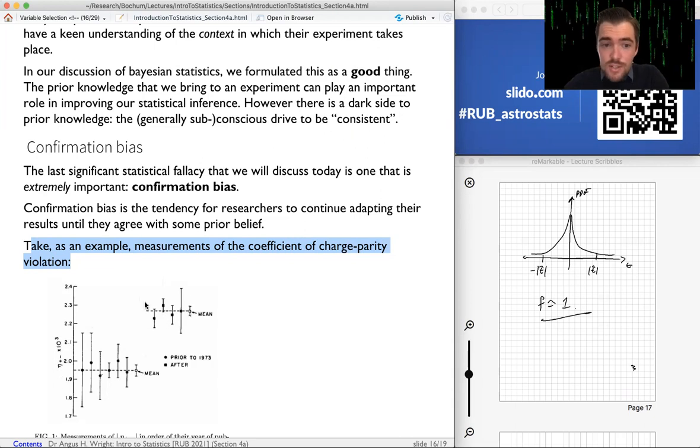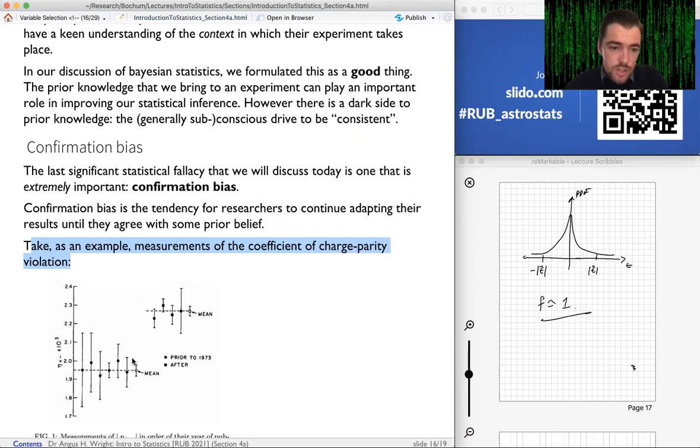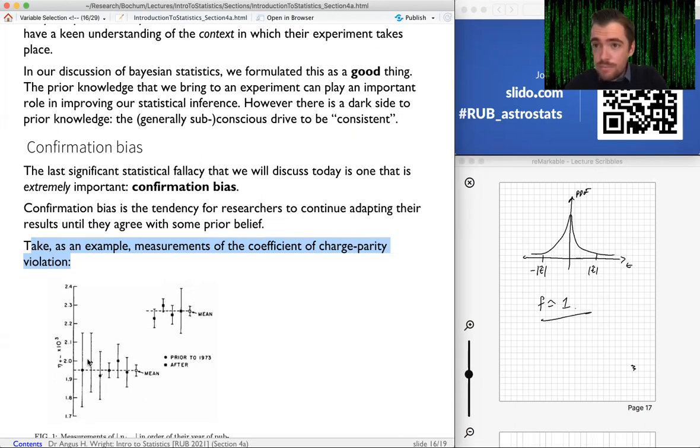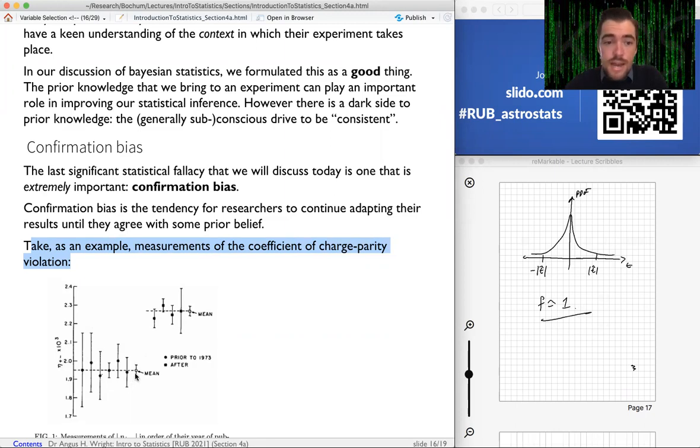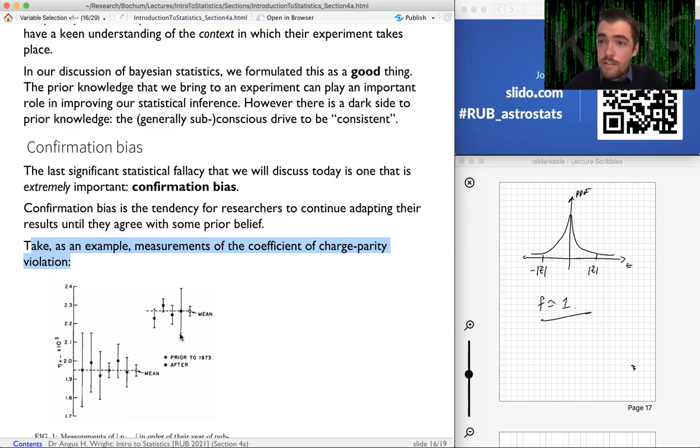And this is the essence of confirmation bias. These researchers had an expectation of their result, and they found that expectation. That expectation then changed, and again, the new researchers found that expectation.